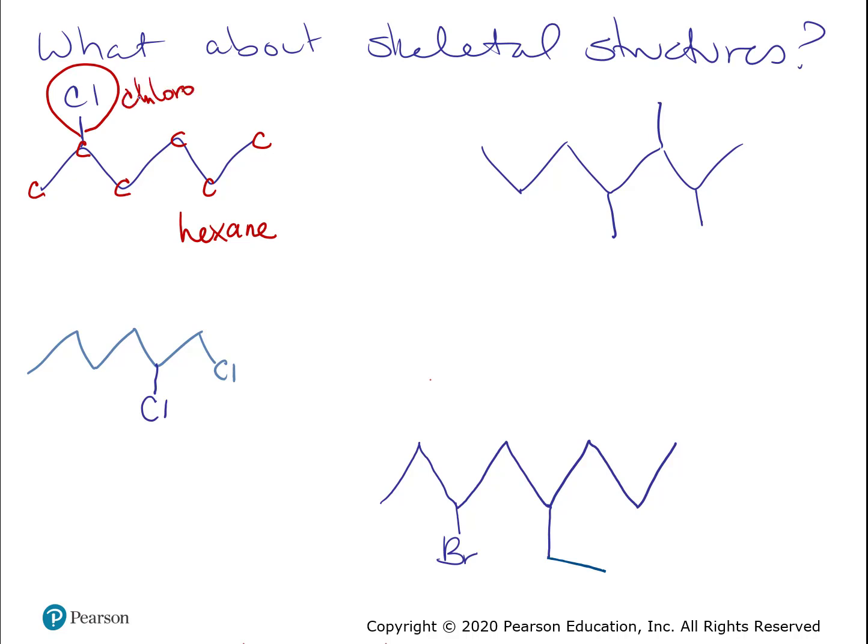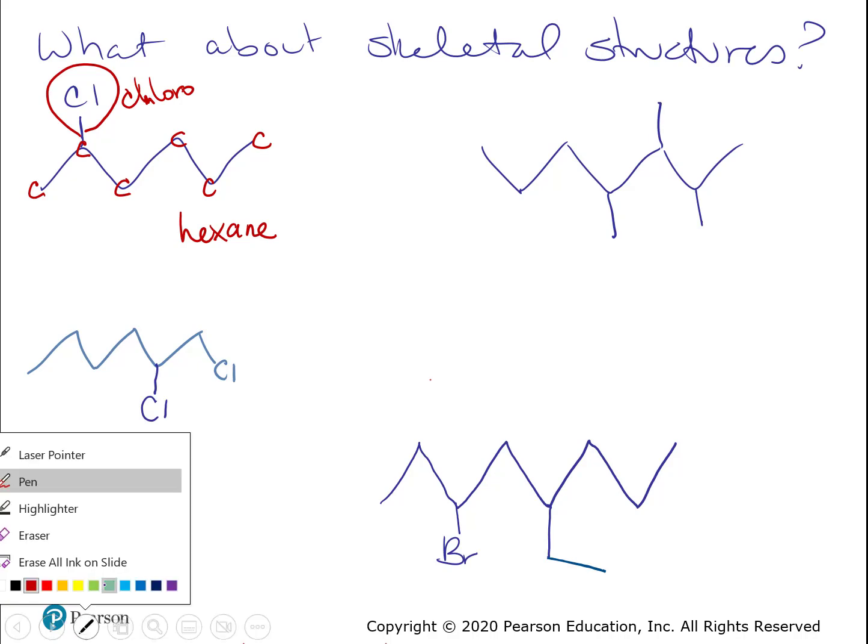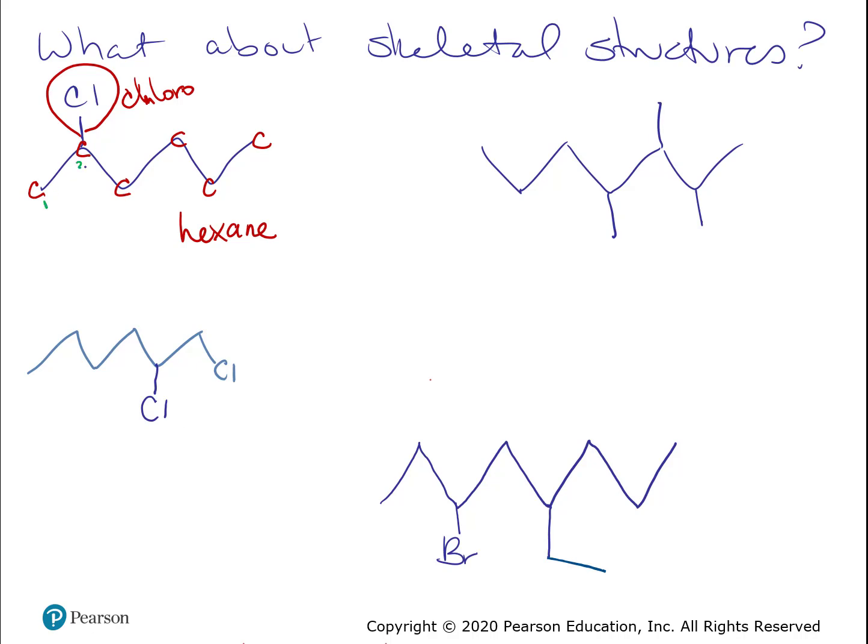And then which side would I number from? Left or right? Left. Good. So this would be carbon 1, carbon 2, 3, 4, 5, and 6. So my chloro is on carbon number 2. So this is 2-chlorohexane.